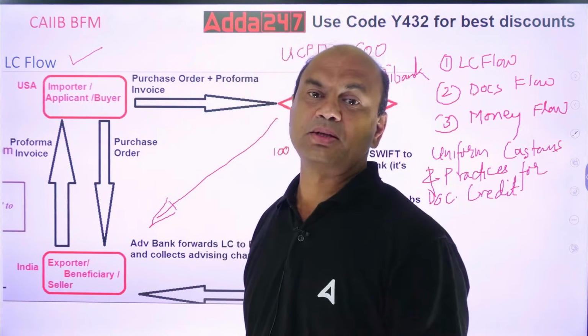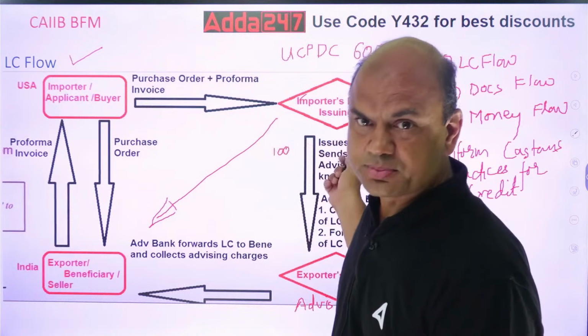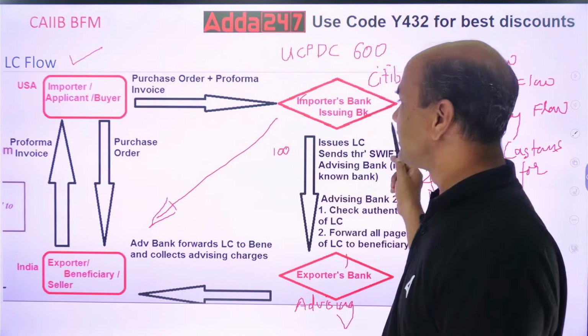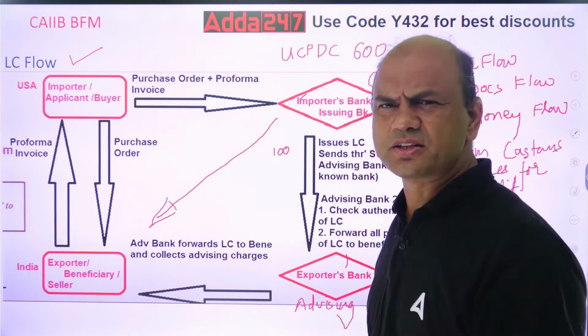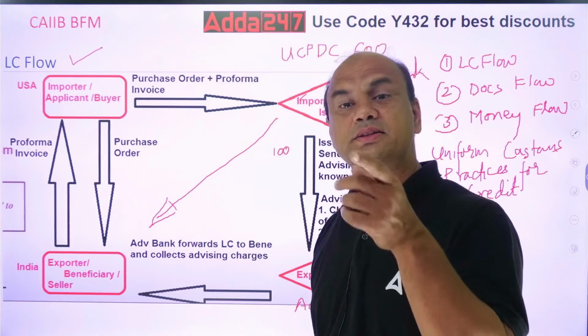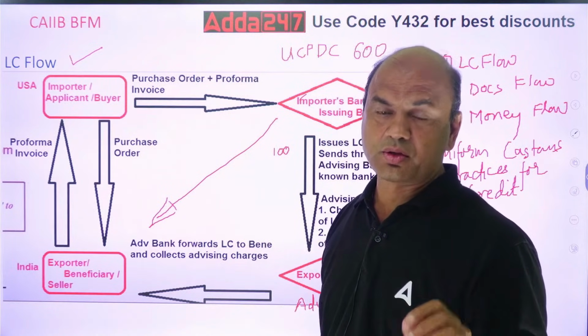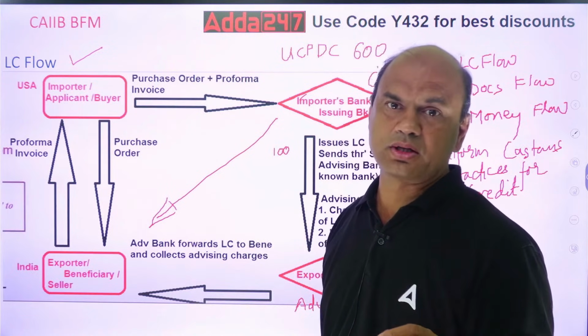For that, what happens? They prepare a document from this bank. Now this bank, the issuing bank, prepares a document stating some 5-10 conditions. I want the goods of this quality tested from this lab. Whatever you want, you have to put it in the document.